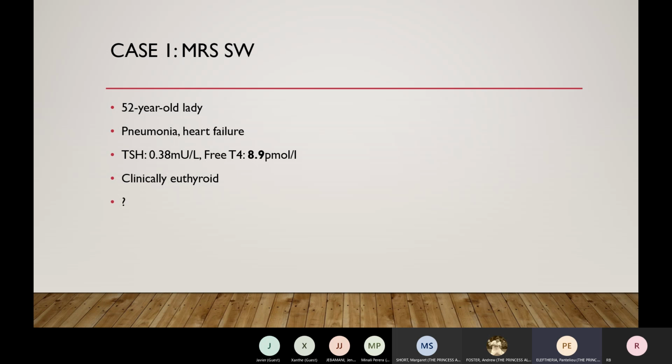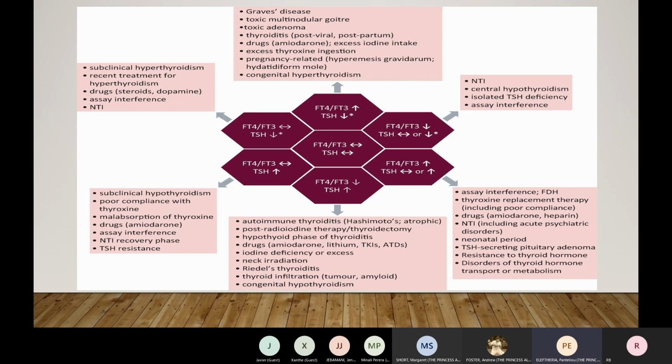So if we go back to the previous slide, this lady falls into the category of the left upper hexagon. So she's got low normal TSH with suppressed T3 and T4.